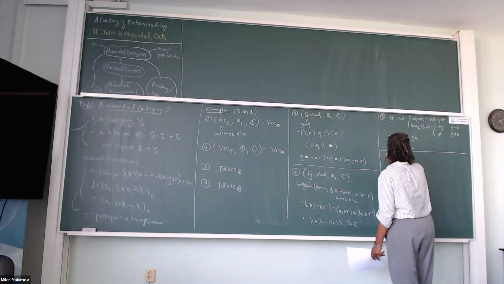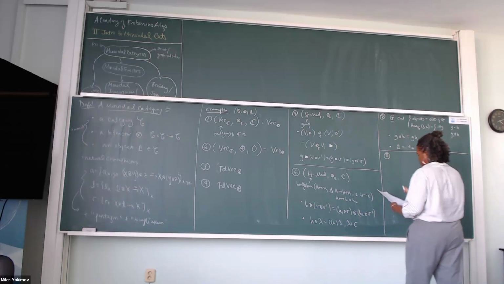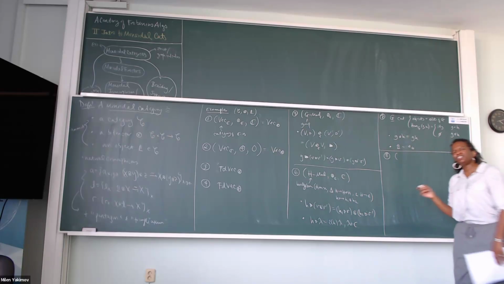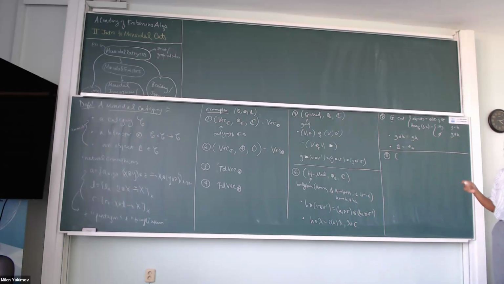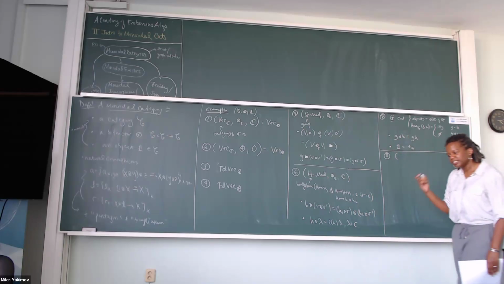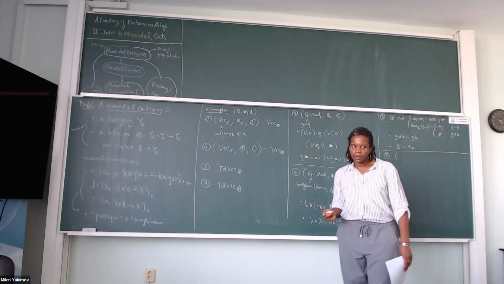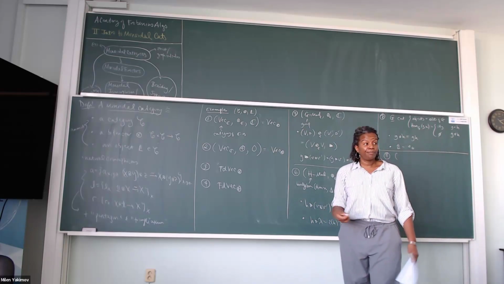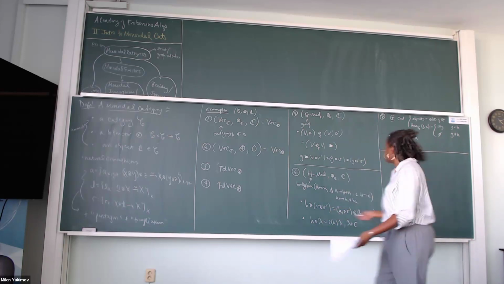Another nice monoidal category that might come up later if you're interested: I mentioned a few times that if I have an algebra and I take its category of modules, it's not monoidal. But if you take the category of bimodules, it is.